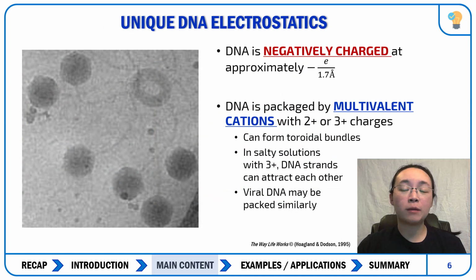The special thing about DNA is its electrostatics. DNA is highly negatively charged, at approximately negative e over 1.7 angstrom. DNA is packaged by multivalent cations with 2+ or 3+ charges. The key takeaway is that DNA is very negatively charged, and therefore, because it's highly negatively charged, it can pack into very condensed structures.